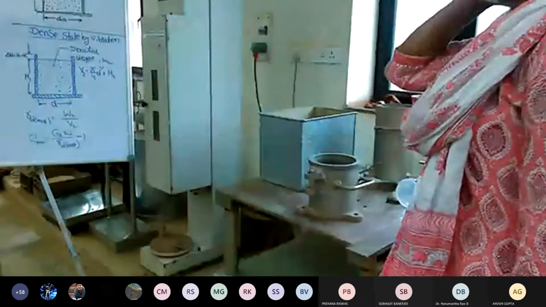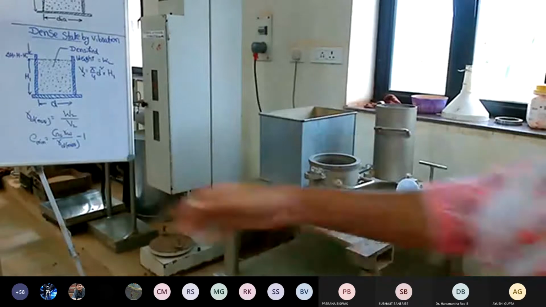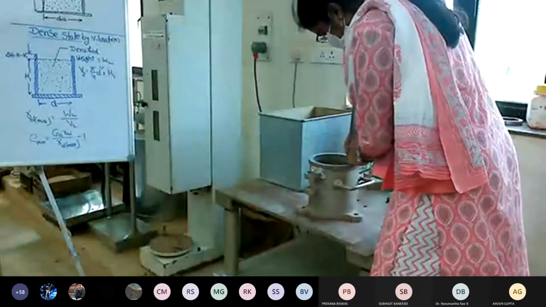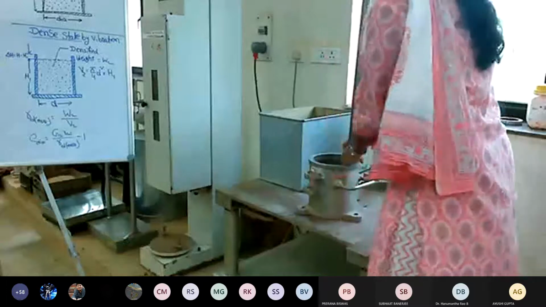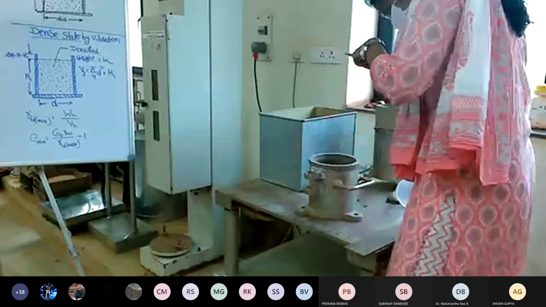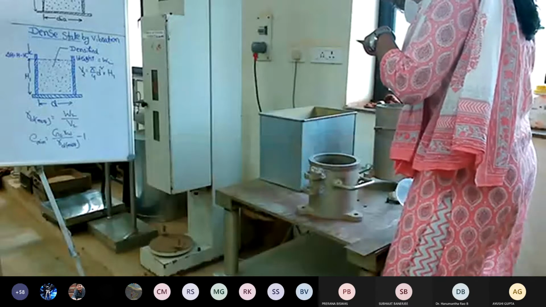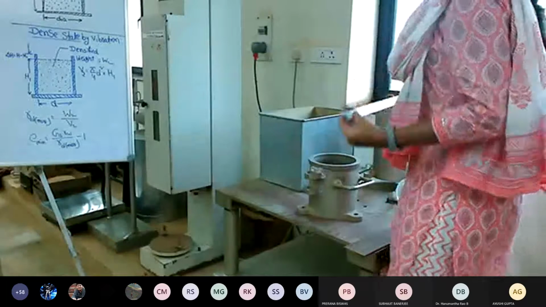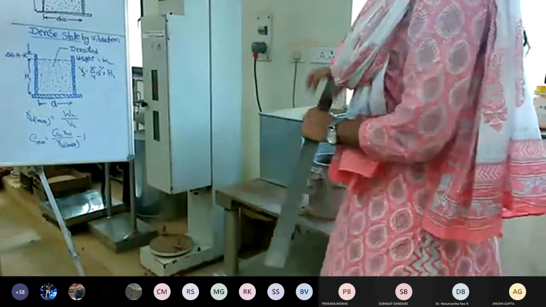Height of the brass mold after vibration. Height 167 mm.